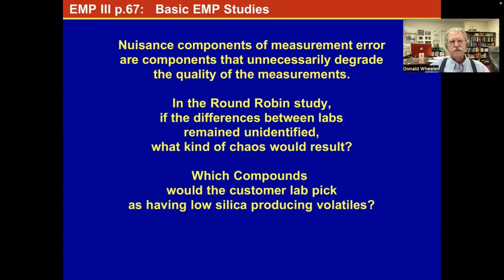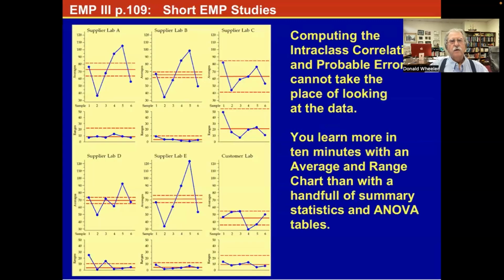In the round-robin study, if the differences between labs remain unidentified, what kind of chaos would result? For example, which compounds would the customer lab pick as having low silica-producing volatiles? Let's go back and look.